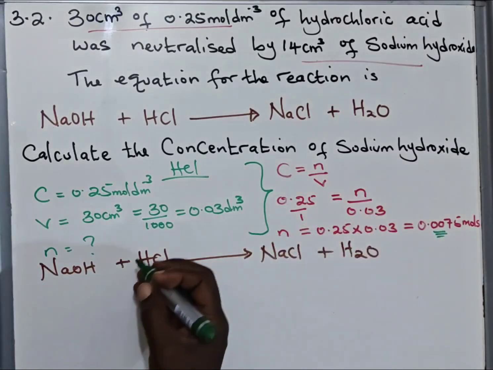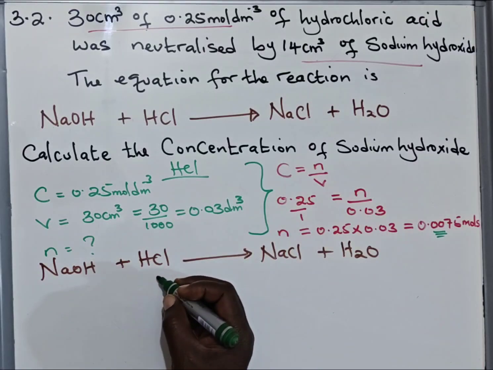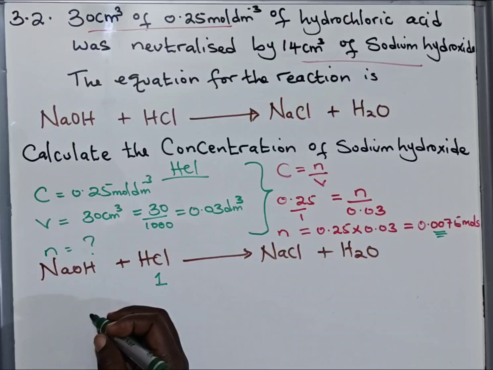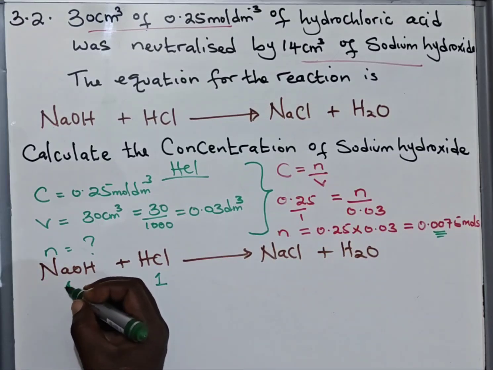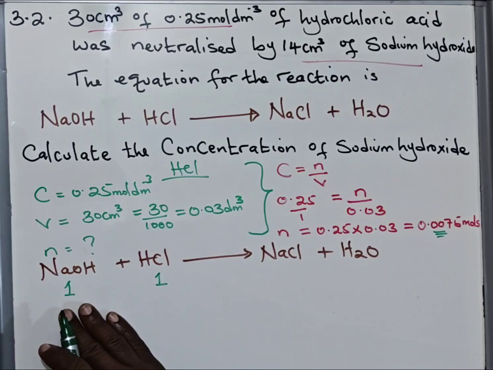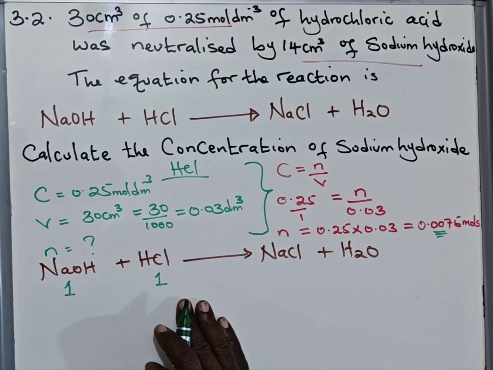You need to know that what you have just calculated is hydrochloric acid, and what you are finding out is sodium hydroxide. So these are the ratios we are going to use, and the ratios are 1 to 1.